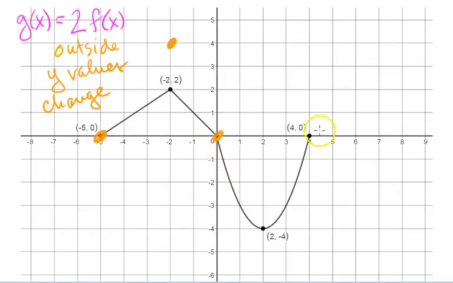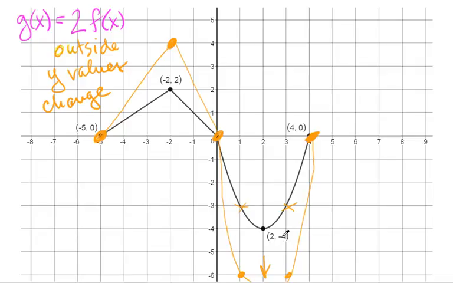This 0 stays the same. That 0 stays the same. And negative 4 should go to negative 8, but that's off the screen. Here I have a negative 3, and I can do the negative 6's. So my parabola, it's as though it was grabbed in the middle and yanked away from, stretched away from the horizontal axis. So y values only change in this case.